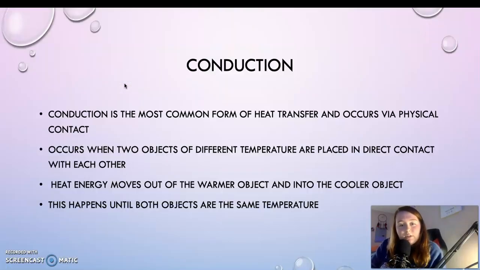Alright, first we're going to go over conduction. So conduction is the most common form of heat transfer, and it occurs whenever you make physical contact with something hot. I have some examples on the next slide that you'll be able to see. So whenever two different objects that have different temperatures are placed in contact with each other, that's whenever conduction happens, and the heat energy is moved to make the cooler object warmer, and it happens until both objects are the same temperature.